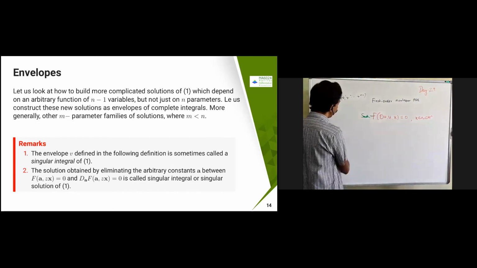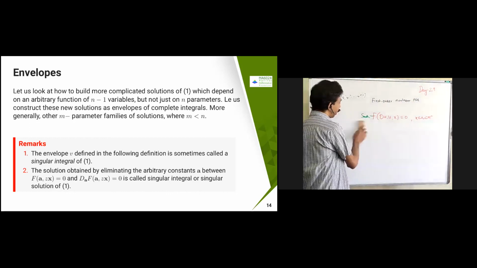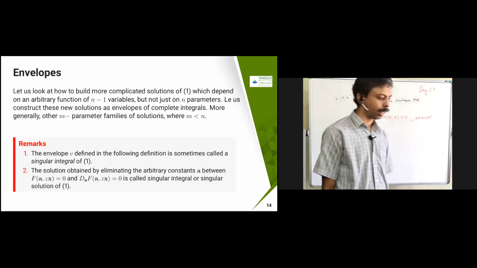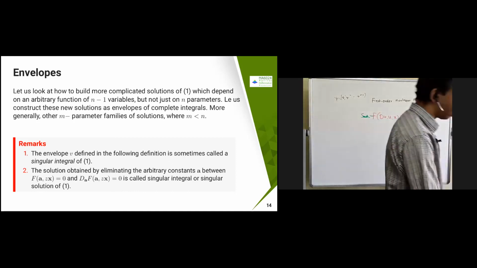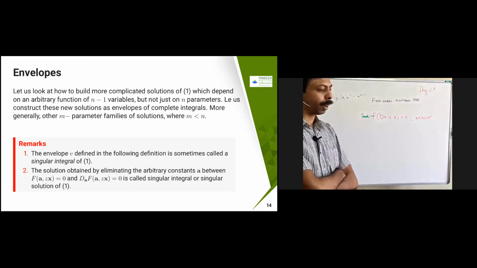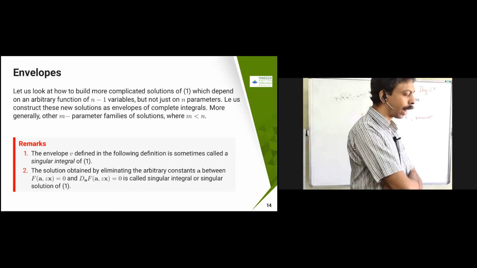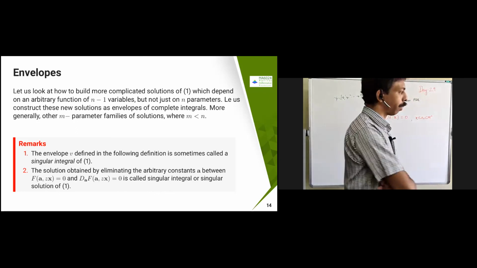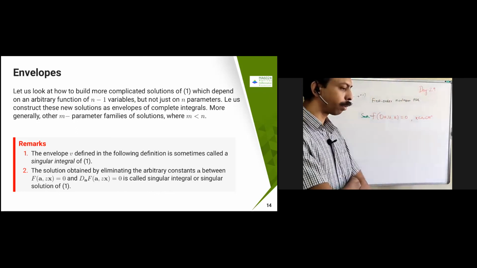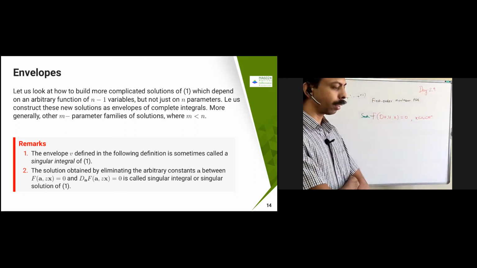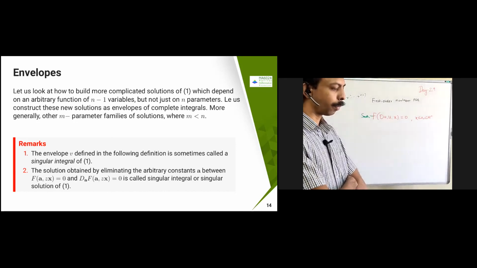Or you can just take m parameters, where m is strictly less than n. In that case also, your second condition will hold, the rank is going to become less than n, so you will get some singular integral.